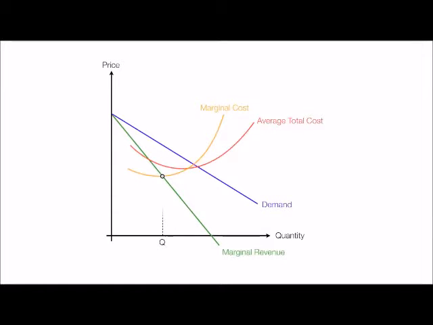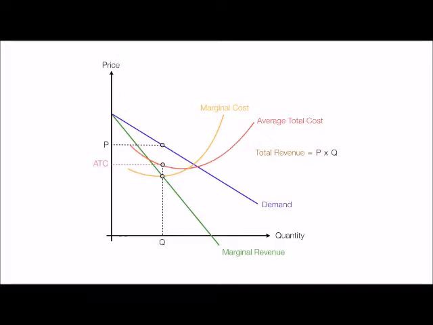And if I take it and I draw straight up, that gives me the price for the monopoly as well. So total revenue is equal to price times quantity.